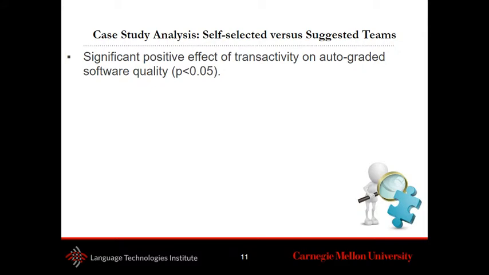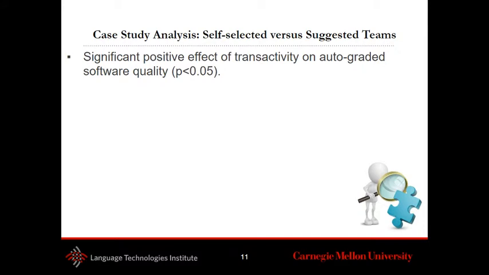What we did see was that regardless of whether the students chose to take up the recommendation or form their own teams, we could compare the level of criterion transactivity of the teams that were auto-assigned in comparison to the teams that the students self-selected into.